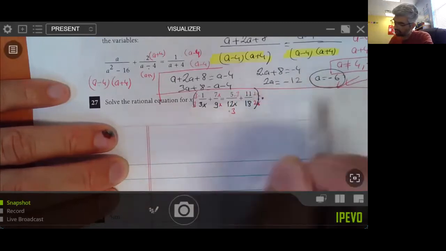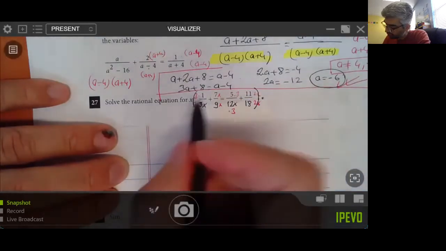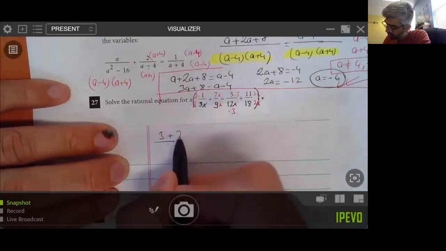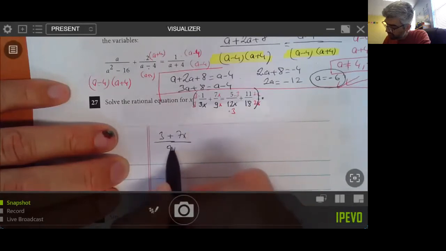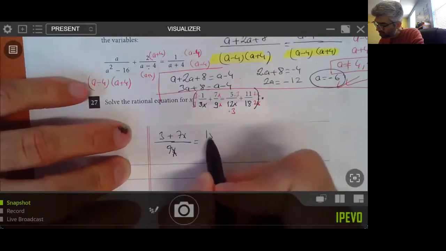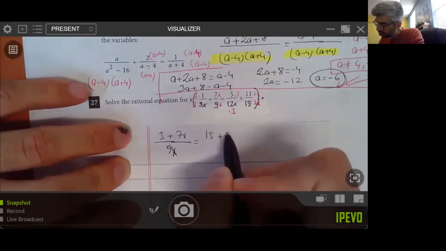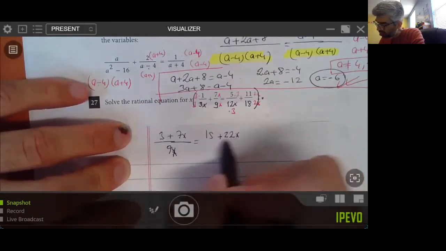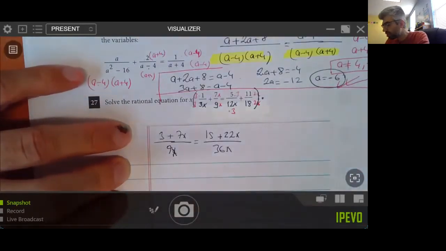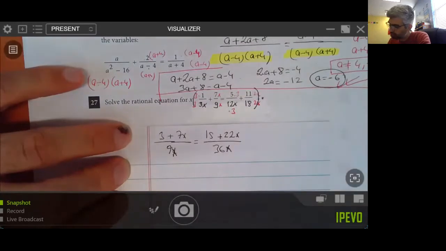So I have 3 plus 7x over 9x. Now it's equal to 15 plus 22x over 36x, okay? Now it's much more clear.